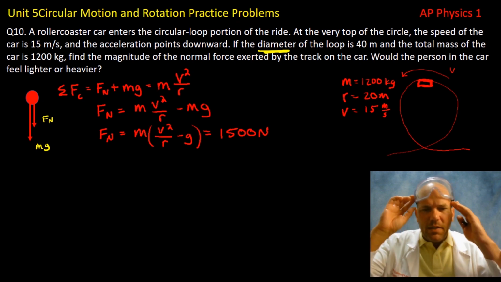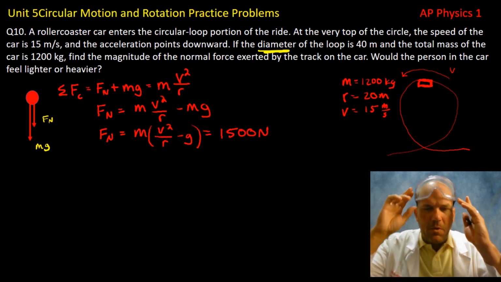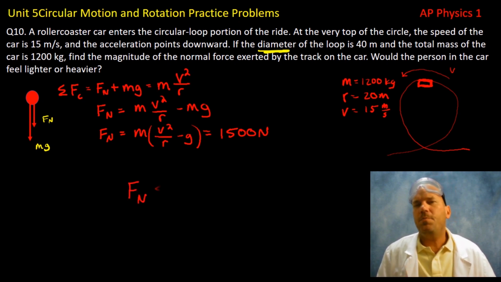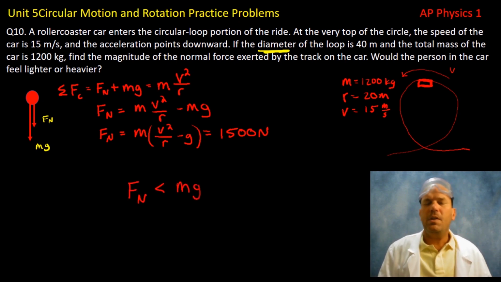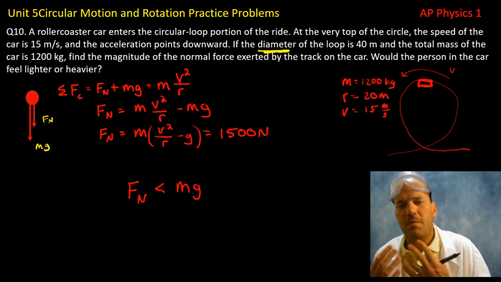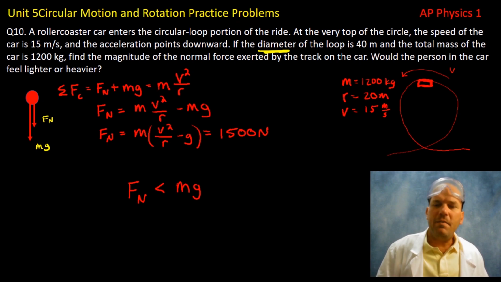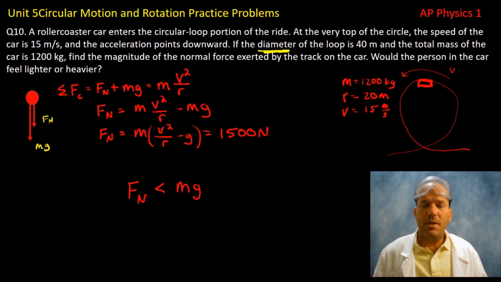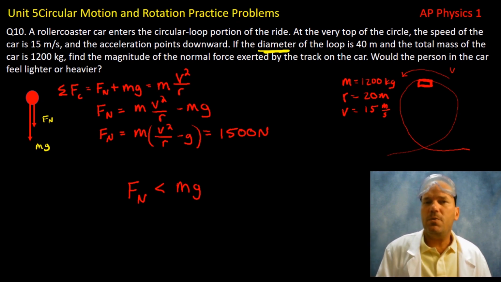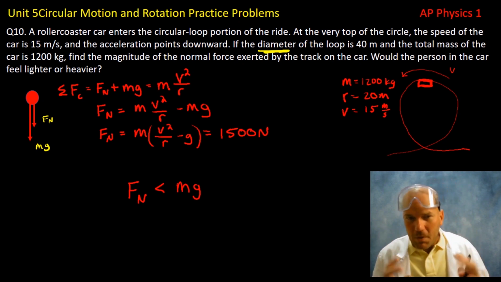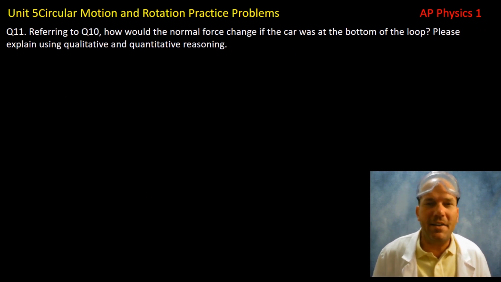So we get a force normal of 1,500 newtons. So force normal in this case is less than the force of gravity, which is 1,200 kilograms multiplied by 10. All right, so we're showing here that an individual's apparent weight would be less than normal. All right, the individual feels lighter.